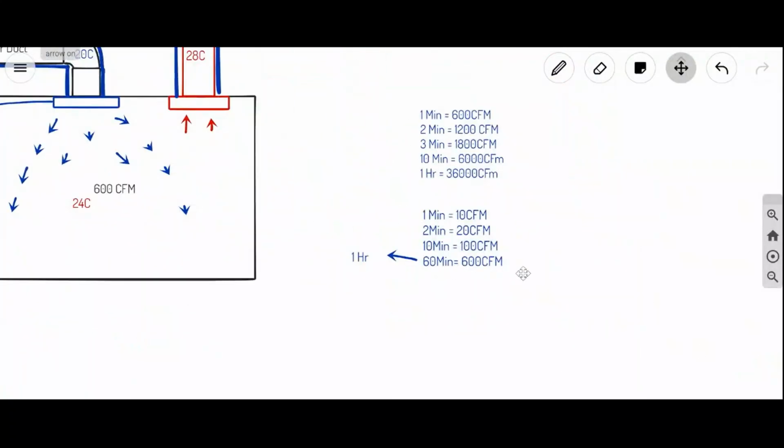In 1 hour, 600 CFM is replaced with 600 CFM, which is called 1 air change per hour. एक घंटा में 600 CFM हमने एक बार रिप्लेस किया है, इसलिए उसको बोलते हैं 1 air change per hour. Got it?